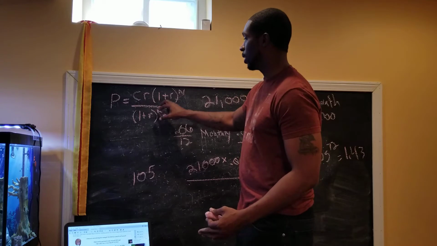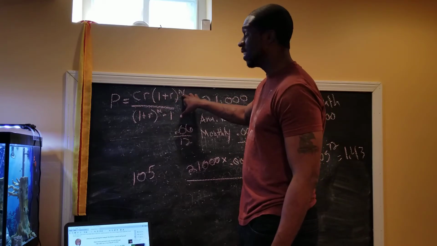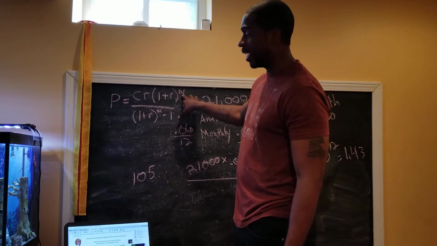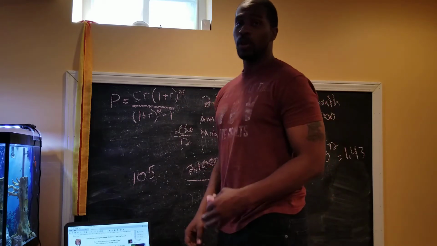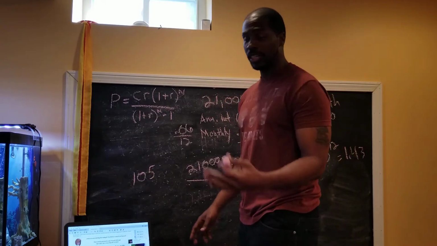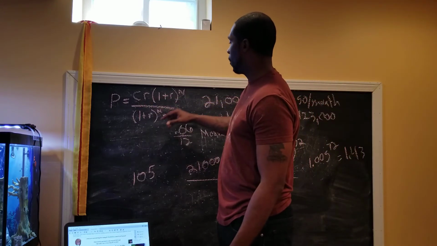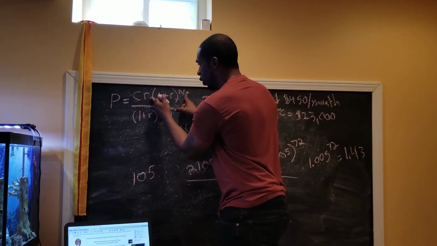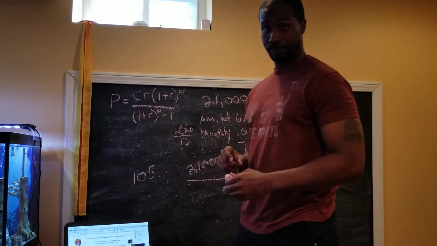Now we have our parentheses, 1 plus the rate, close parentheses, to the nth power, right? N means the number of months for the loan. Most people buy cars for 5 years, 60 months, right? In this particular instance, it's going to be 72. Okay. And then we divide all of that by the answer we got from here, fits in right here, and we subtract 1. All right?